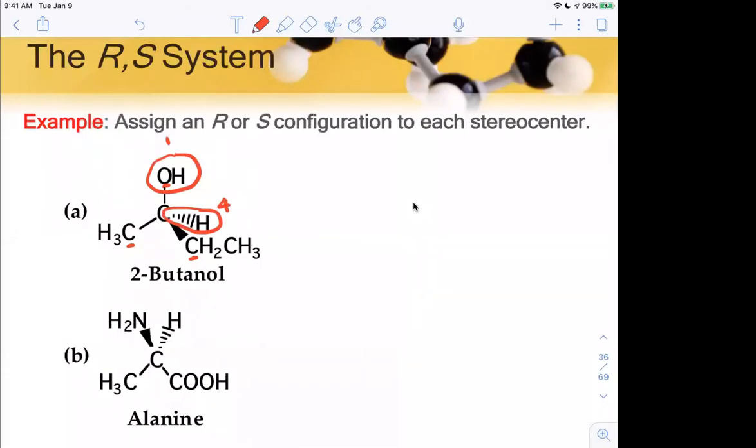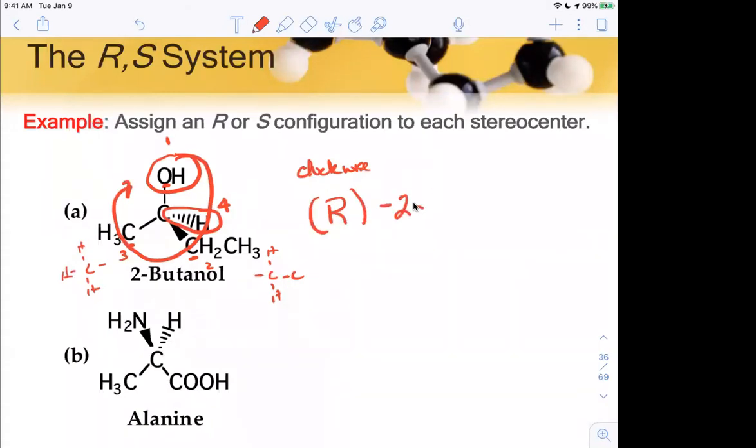I have carbon with 3 hydrogens, or I have a carbon with 2 hydrogens and a carbon. So this is going to be number 2, and this is going to be 3. I'm going to rotate in this direction. It's clockwise, so this is going to be my R, 2-butanol.